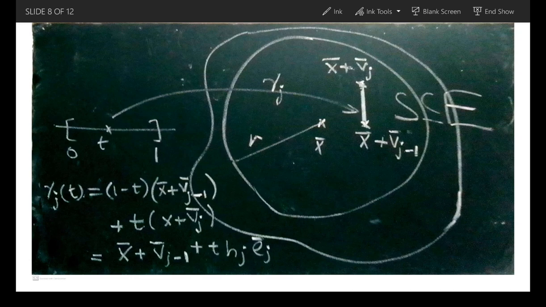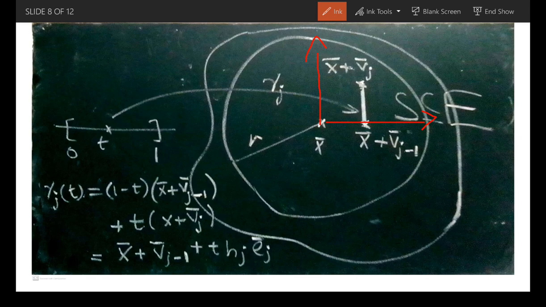Here I am moving parallel to the coordinate axis. You can think that this is the first axis, this is the second axis, and so on. We are sitting inside Rn, so there are n directions in which we can move.